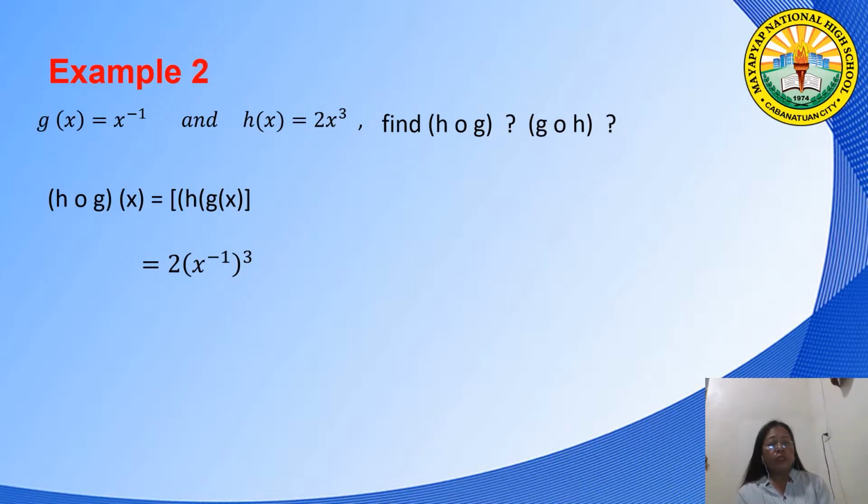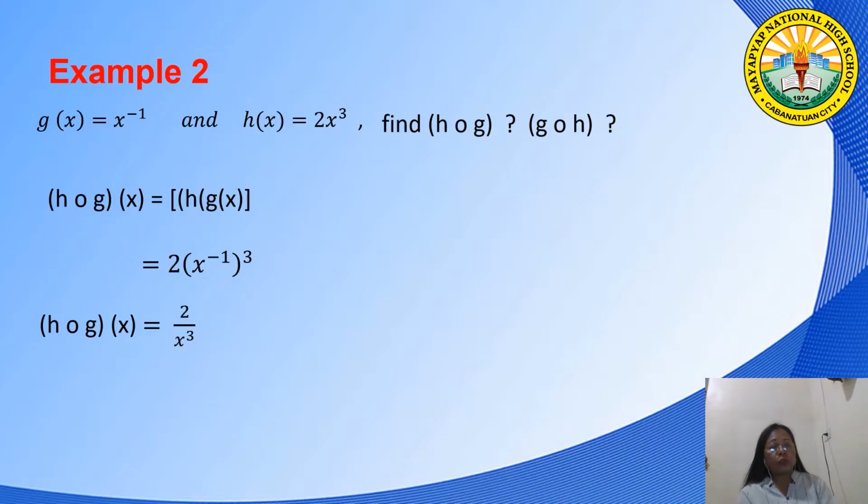So therefore, this becomes 2 times x raised to negative 3. And to make your exponent positive, you are going to put this in the denominator to simplify.